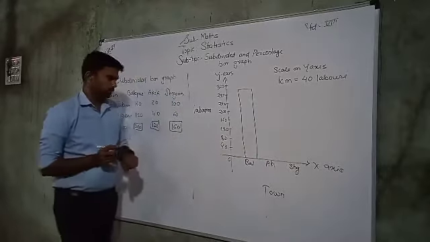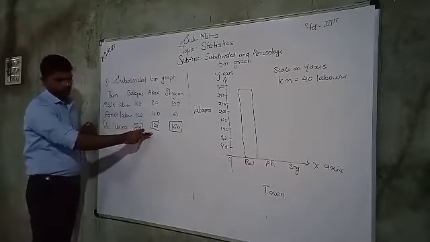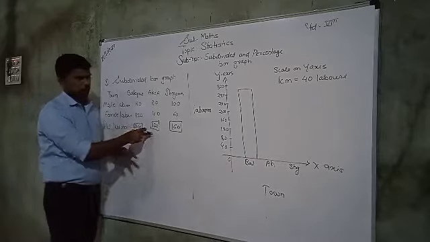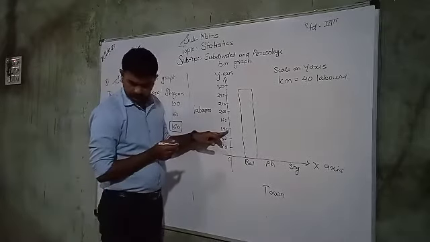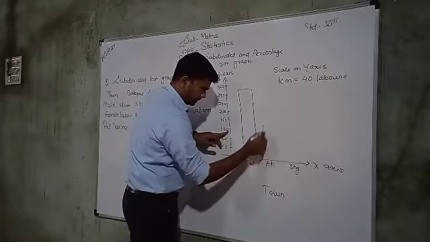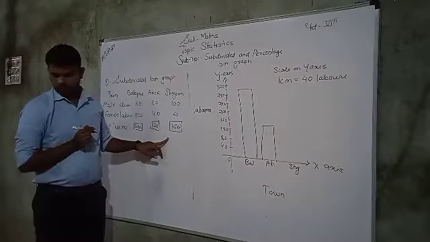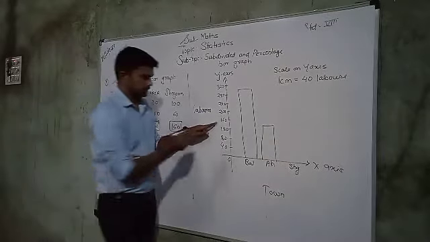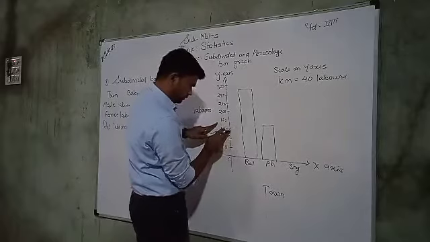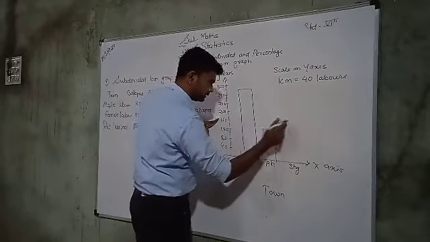Now for Akola, total is 120. It will come here. And for Shegaon, 160, which goes a bit higher than this.